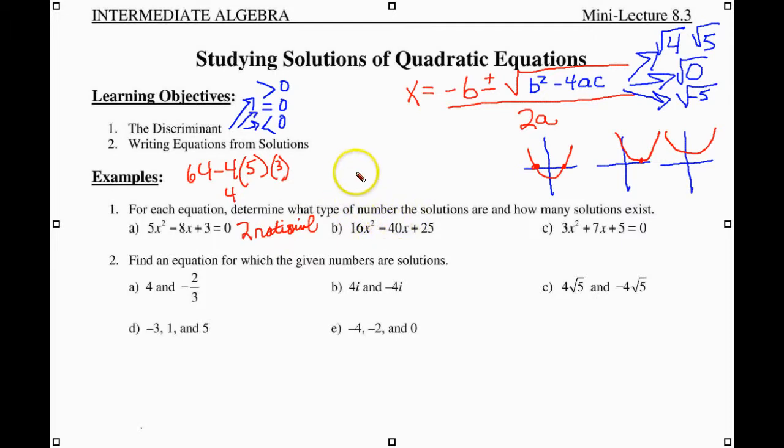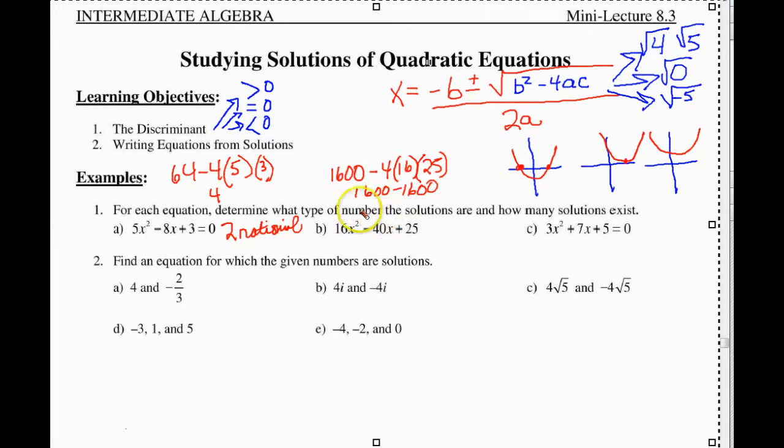All right, let's do this one. So we're going to square 40. I'm going to have to use my calculator. 40 squared is 1600, and then negative 4 times 16 times 25 is 1600.